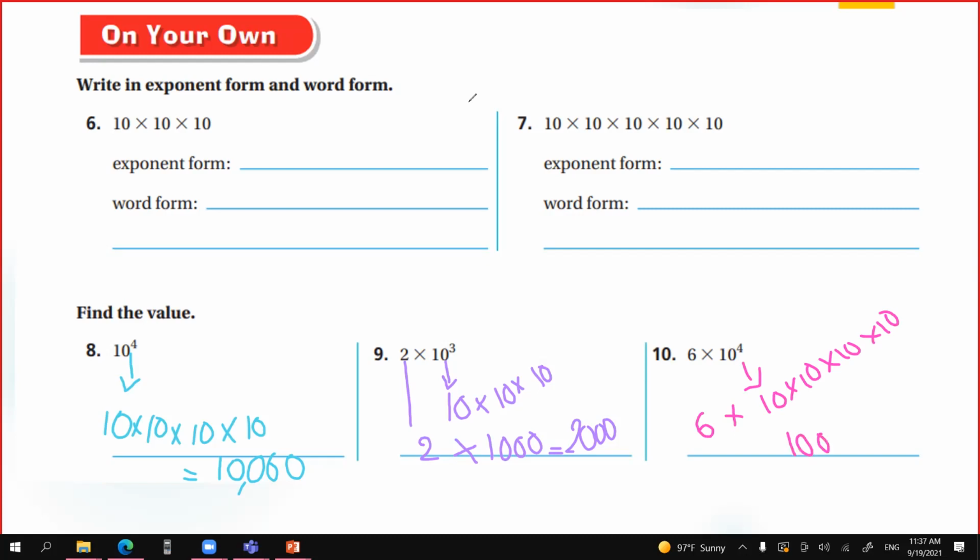We have 4 zeros. Is it right? 4 zeros means 10,000. Multiplied by 6, what will the answer be? 60,000. Yeah. 60,000.